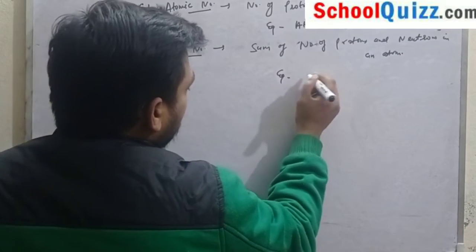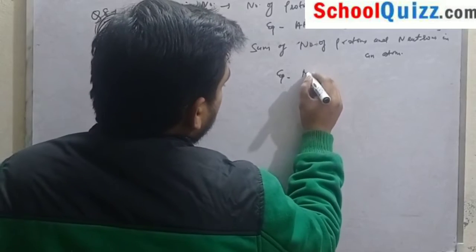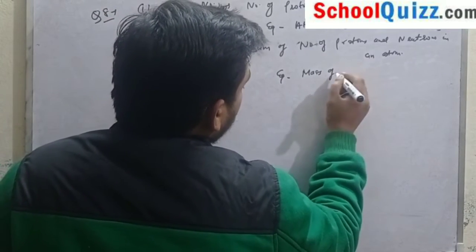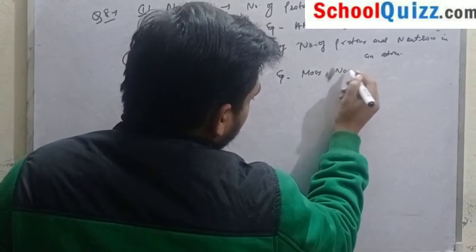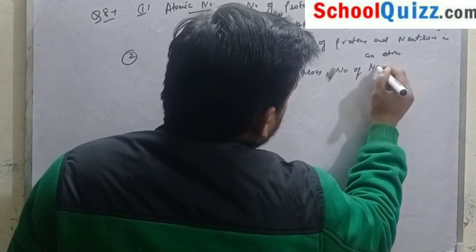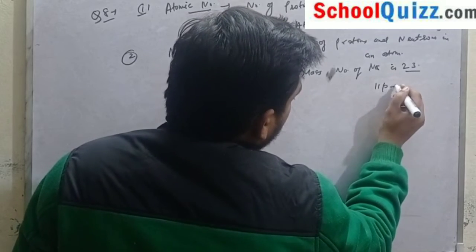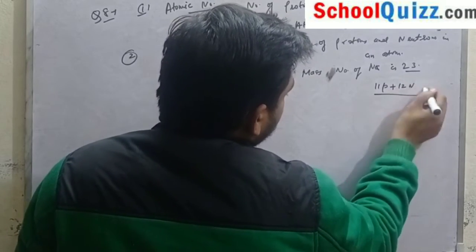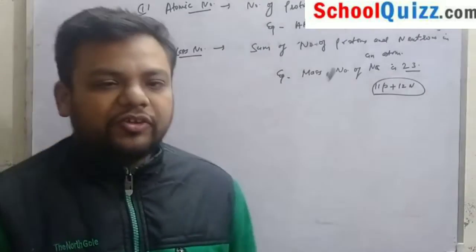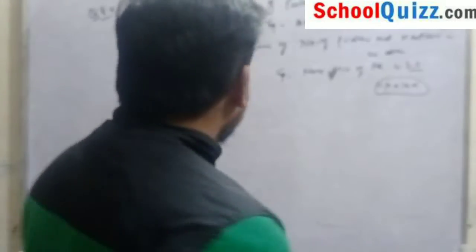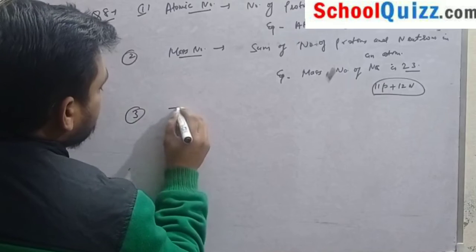For example, mass number of sodium is 23, like 11 protons plus 12 neutrons. So mass number of sodium is 23. Okay, now third one is isotopes.